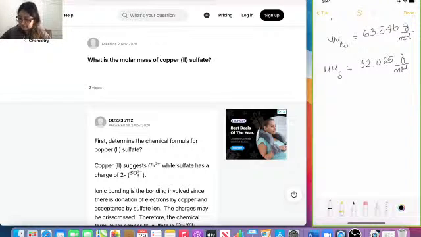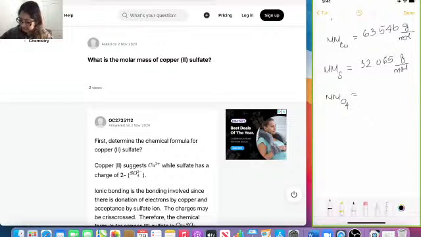Again, you can get this from your periodic table; it's the same as the atomic mass of sulfur. Then we find O4, because sulfate is SO4.